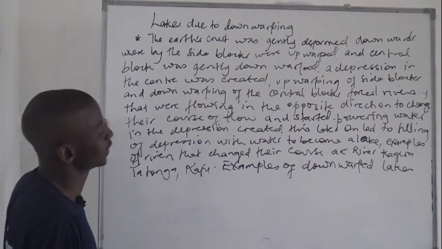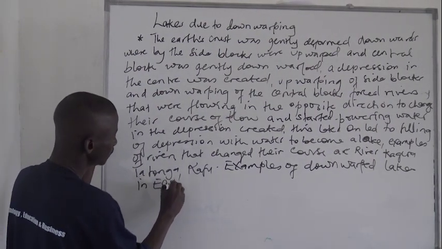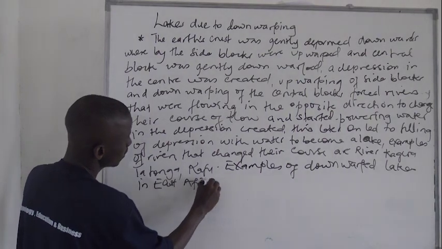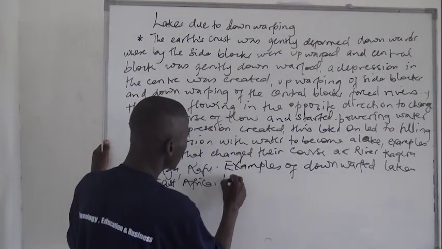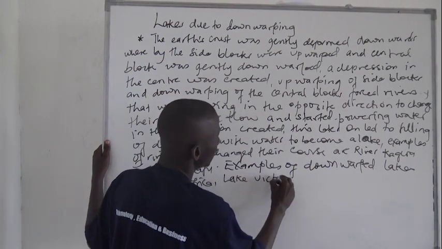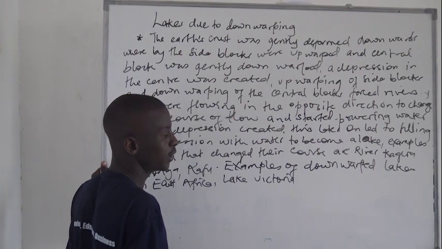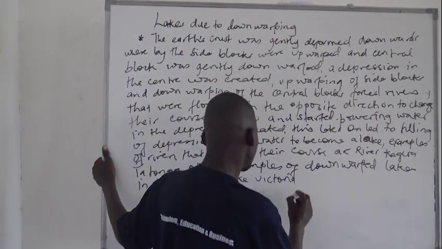Examples of downwarped lakes in East Africa include Lake Victoria, which is the biggest lake in East Africa, shared by all the 3 East African countries.